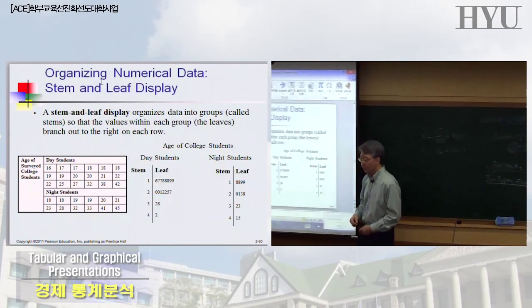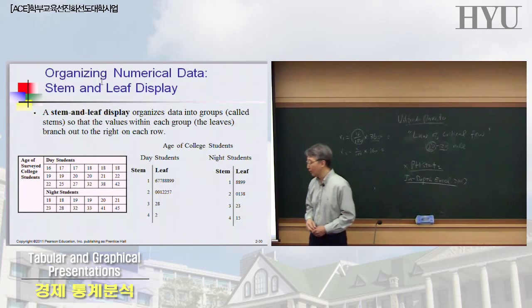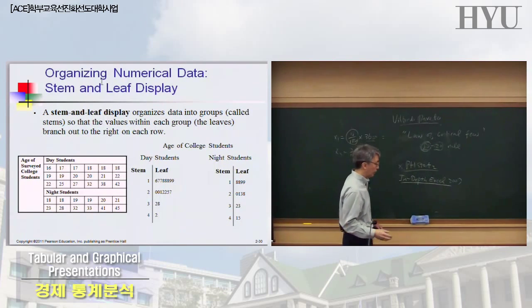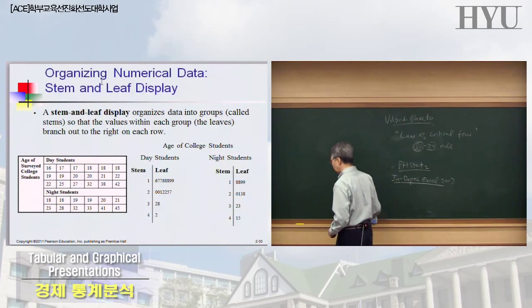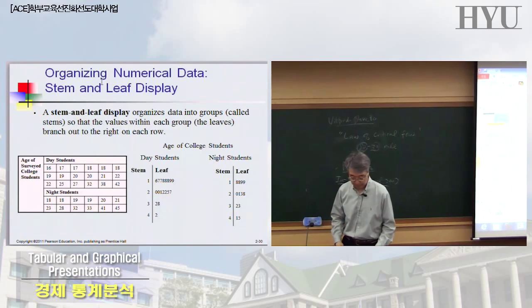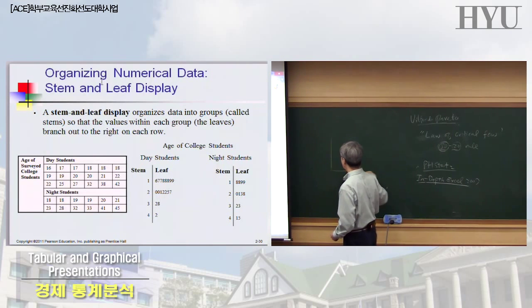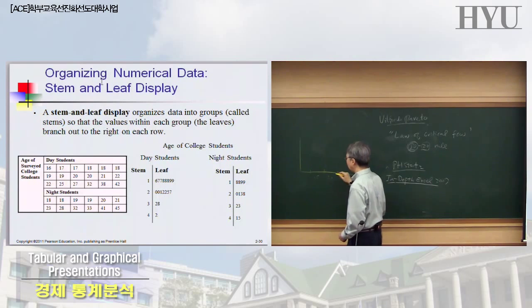So another way of showing the distribution is, well, we didn't talk about histogram yet, but we created a bar chart with midpoints like 15, 20, 25, something like that.